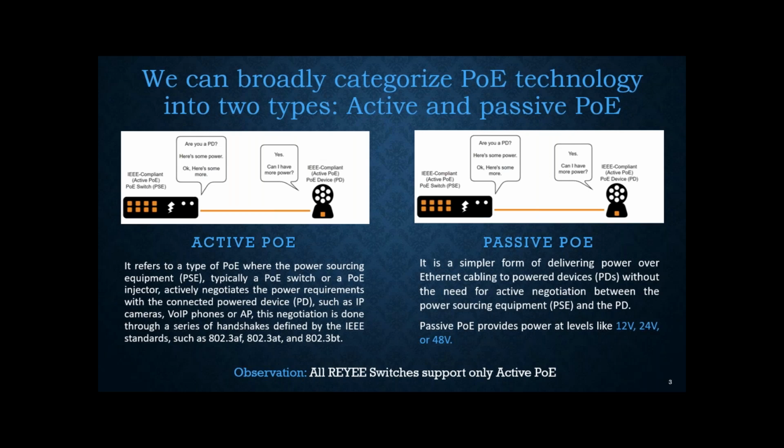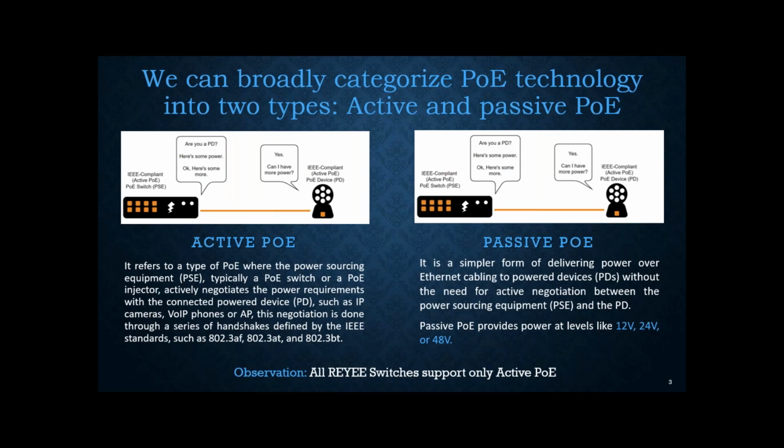So when using active PoE, the switch or power sourcing equipment actively negotiates with the device, and there is no risk of damage. We have to take into consideration that all Reyee switches support only active PoE, and that's fine.